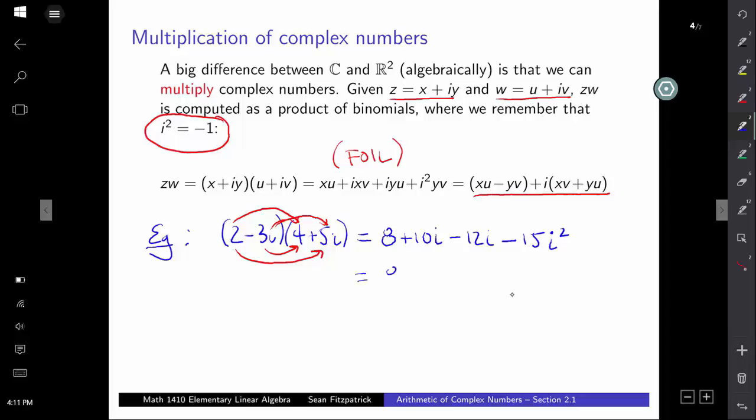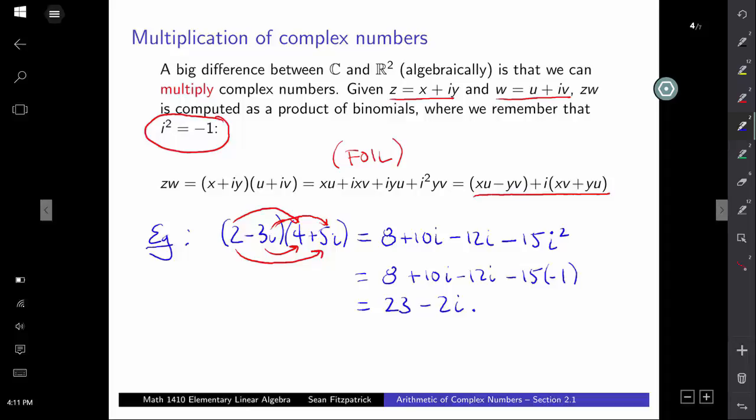So this is 8 plus 10i minus 12i minus 15i squared, but that i squared is minus 1. So minus 15 times minus 1 gives me a plus 15. So 8 plus 15 gives me 23. 10 minus 12 gives me minus 2i. Okay. And that's how we multiply complex numbers.